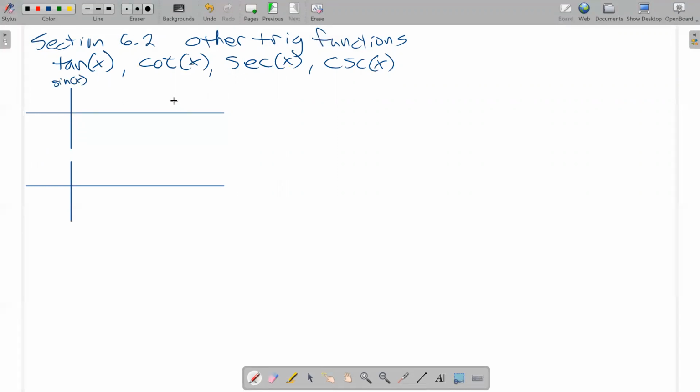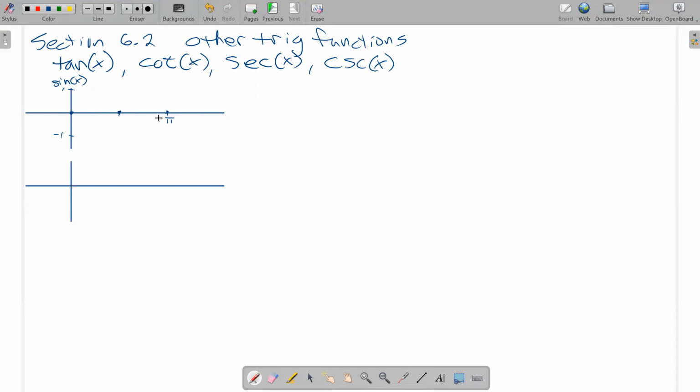So we know the sine has a period of 2 pi. So let's say pi is about here, and then 2 pi would be about here. It has a max of 1 and a min of -1. And it starts off at the origin. So it's going to hit in the middle on the x-axis, and it's going to finish off there.